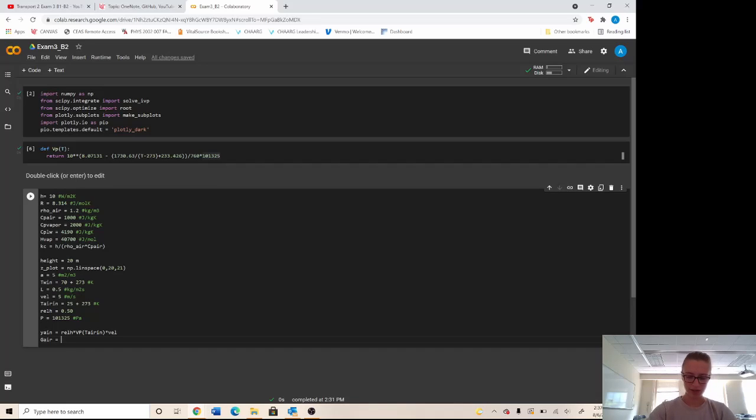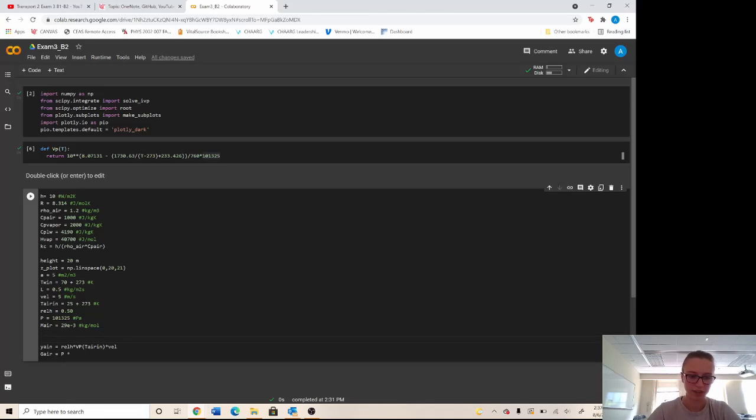So the gas flow rate of the air is equal to the pressure, which is 101.325 pascals, times the molecular weight of the air, which I don't think I inputted up here, so I'm going to input the molecular weight of the air, which is 29 times 10 to the negative third, 29e negative 3, and this is kilograms per mole.